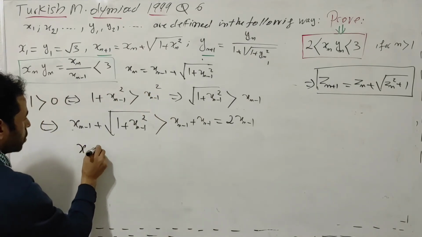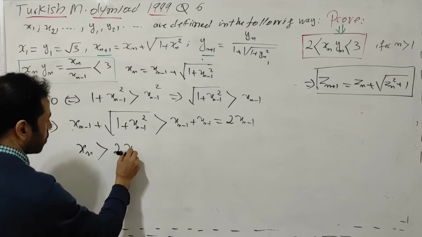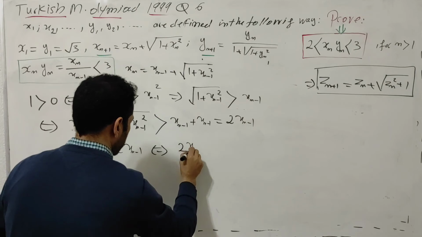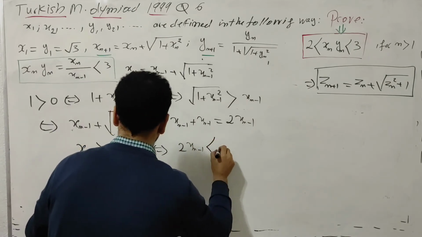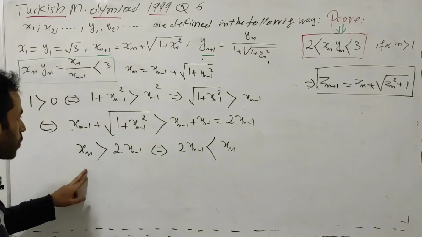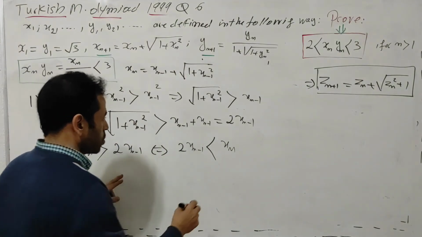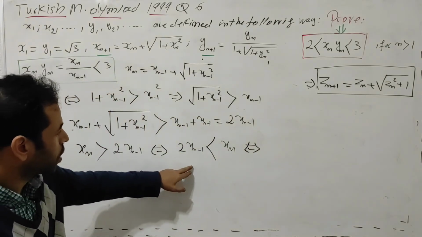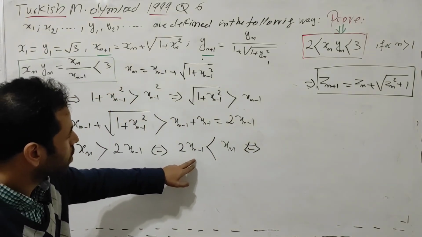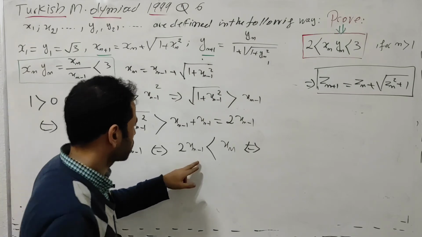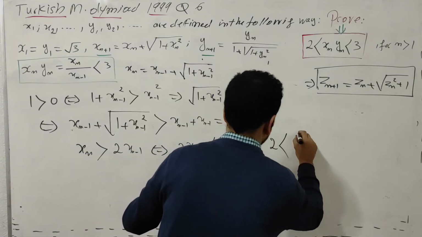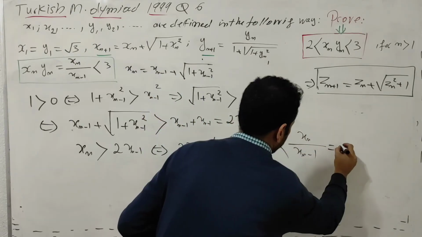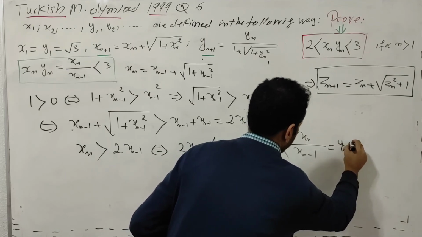So I have x sub n is strictly superior than 2 x sub n minus 1. Okay, so this is equivalent to 2 x sub n minus 1 being strictly inferior than x sub n. I'm going to divide both sides by x sub n minus 1. Okay, so we'll have 2 is strictly inferior than x sub n over x sub n minus 1. This one is equal to y sub n multiplied by x sub n.